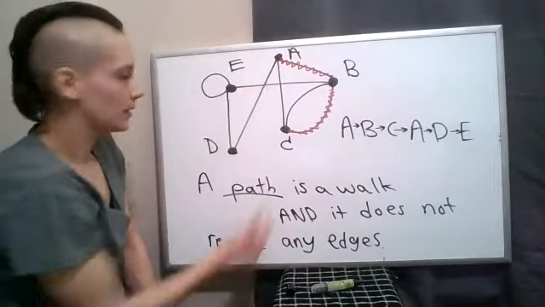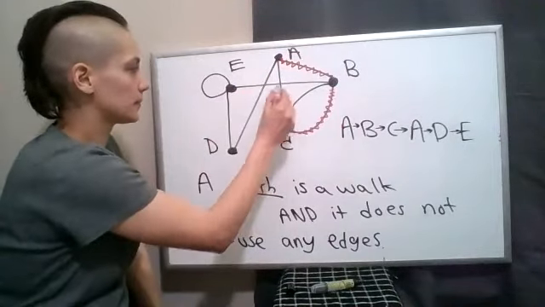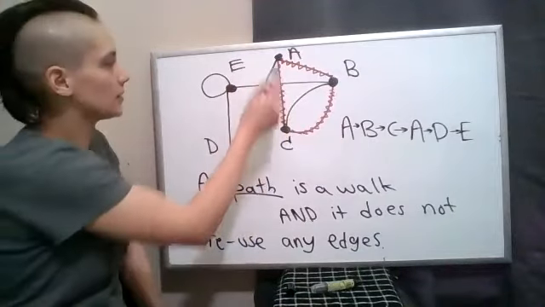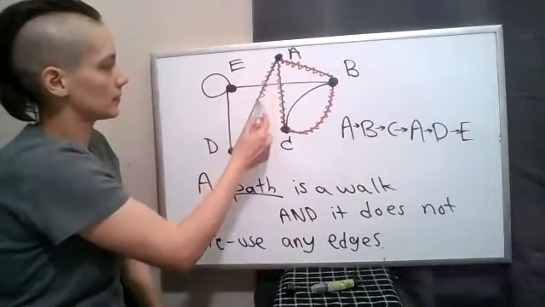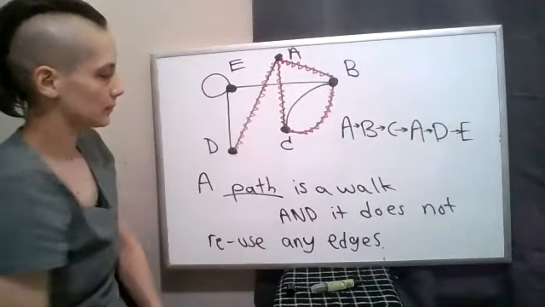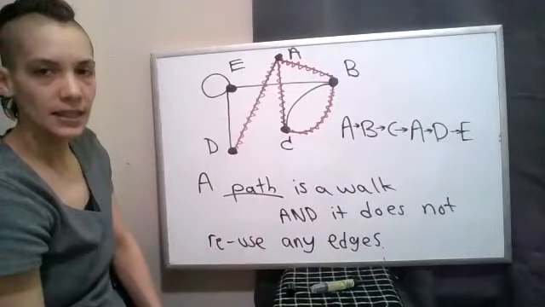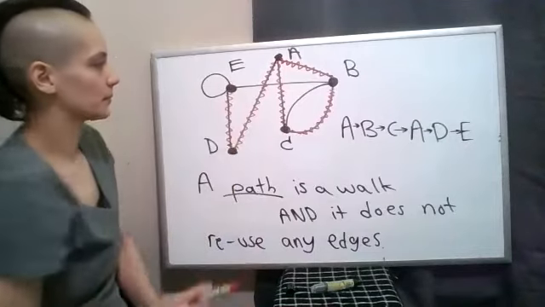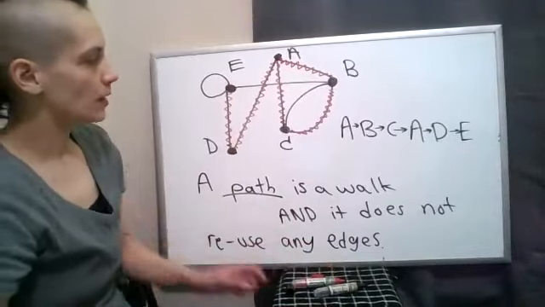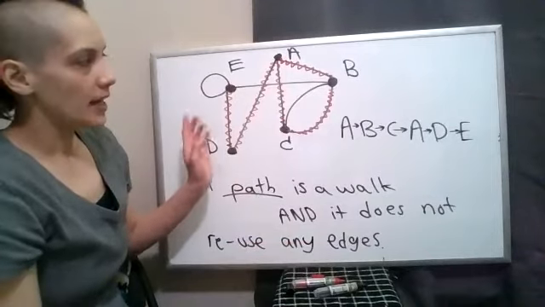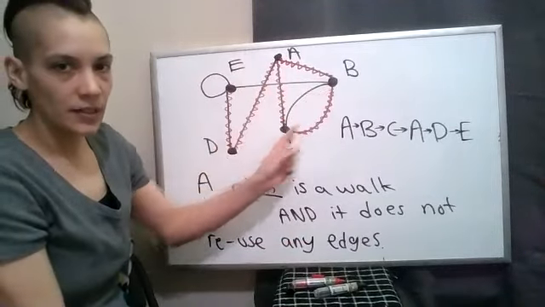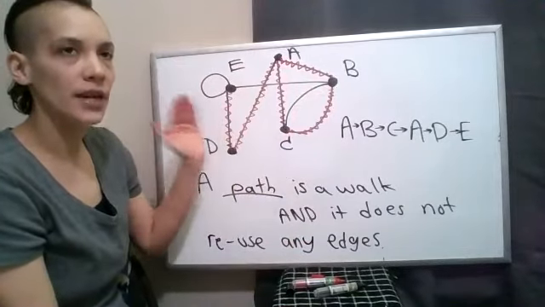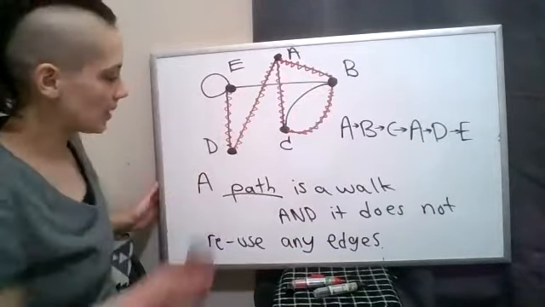C goes to A. A goes down to D, then end at E. So I have gone from vertex to vertex using an edge, and I used every edge one time. So this is a path.